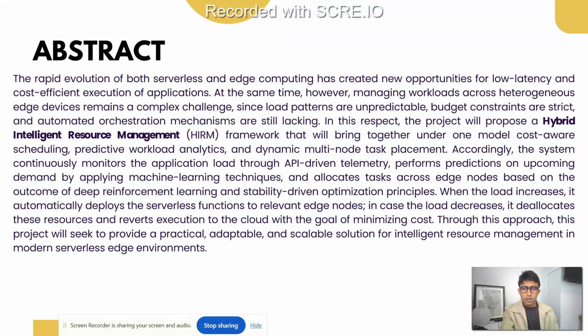Let's get started. In the abstract, we discuss the rapid evolution of serverless edge computing that creates opportunity for low latency and cost-efficient execution. Since the load pattern is unpredictable, budget constraints exist and a strict automation orchestration mechanism is lacking, we propose a hybrid intelligent resource management system that helps bring cost efficiency and dynamic understanding of the system in multi-node task assessment.